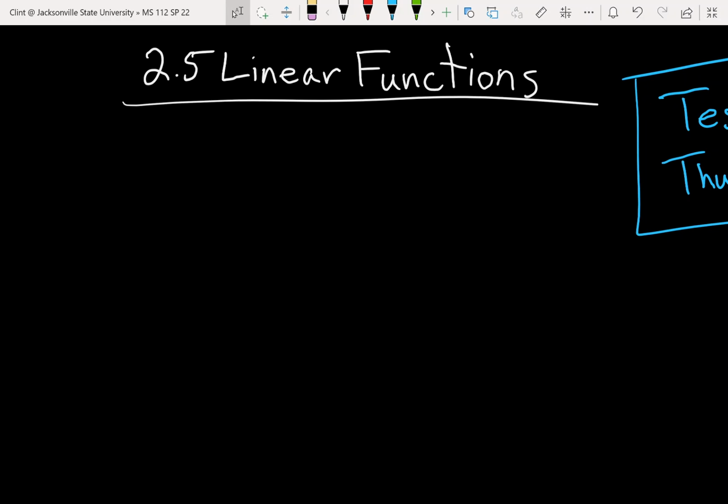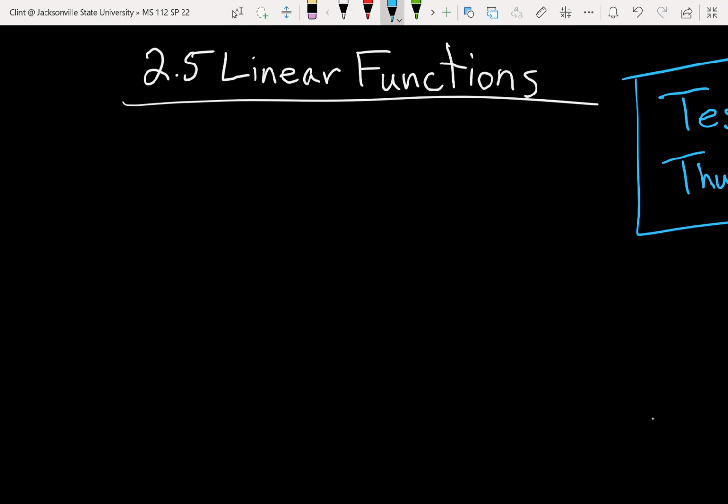So I'm going to put it with the rest of our function stuff that we're going to look at. So we've already dealt with linear equations, so there's really not a whole lot of new stuff. Really, we just have to refresh our memory on equations of lines, and then we're just thinking about those lines as being functions is all we're adding in.